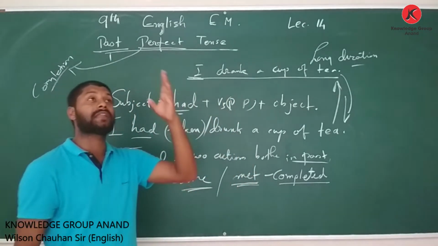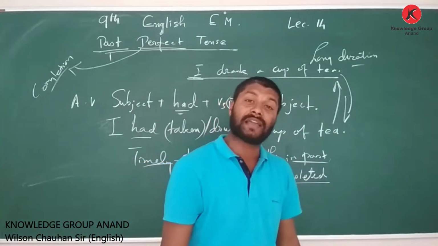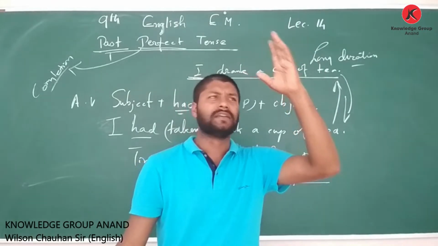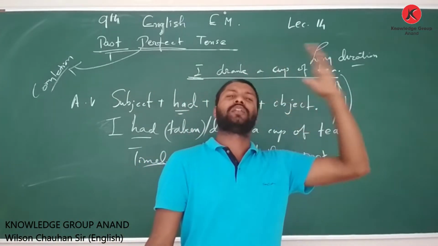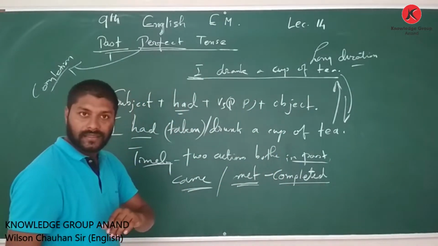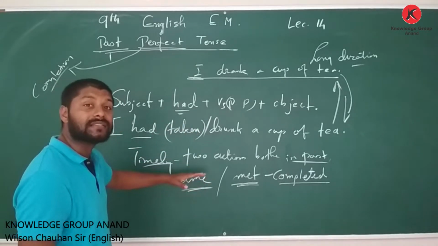You say, it had been a couple of years that I met my friend. Or I had taken breakfast with Amitabh Bachchan, for a very long time. So that is how we have this structure. But this sentence can be changed in this way.